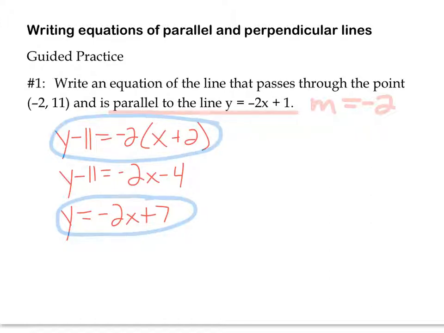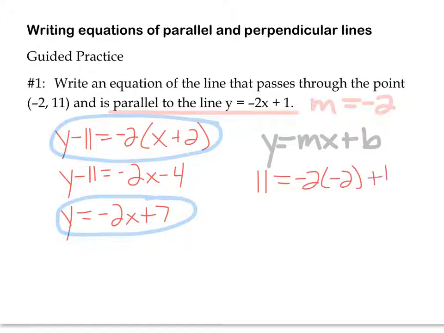Another way we could get that slope intercept form is to start with y = mx + b. If we don't know the b, we can plug in values for y, m, and x. So we have a y value, 11 = m times x + b, and we could solve for the b value.